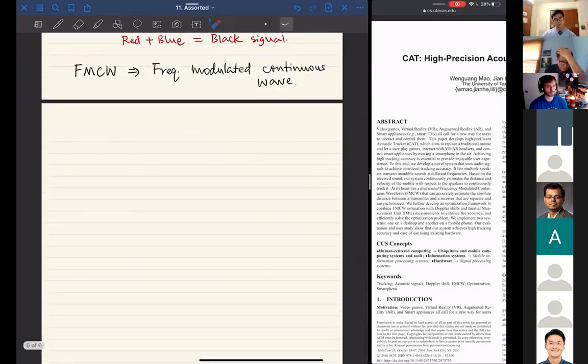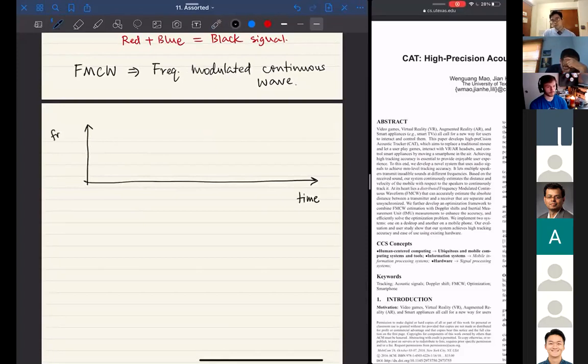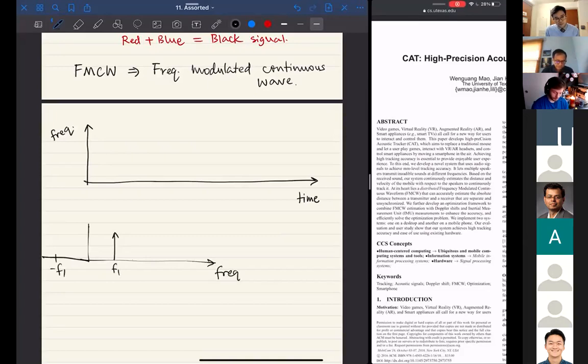So this is what they do. They say, look, I'm going to take a signal, in fact, a tone, just one frequency signal. All of you know by now that if this is frequency, and if there is one frequency over here, then what is this signal, guys?